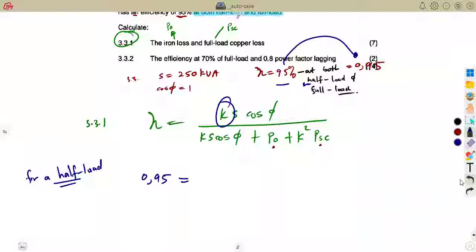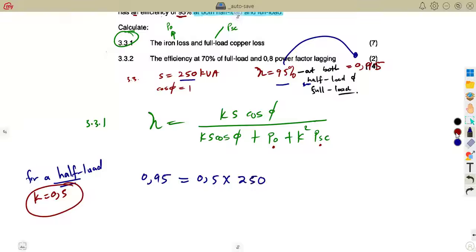So for the half load, 0.95 is equal to what? Let us substitute. Our K at half load will be equal to 0.5, half. The K is the one that is affected. 50%, that is 50 over 100, which is 0.5. So that will be 0.5 times our S, 250. So take note here, I'm using this in kilo values.